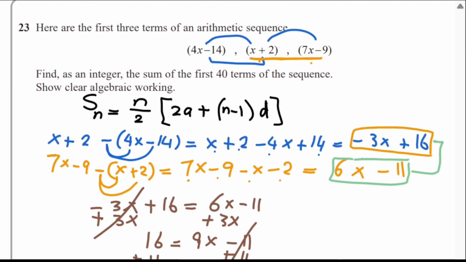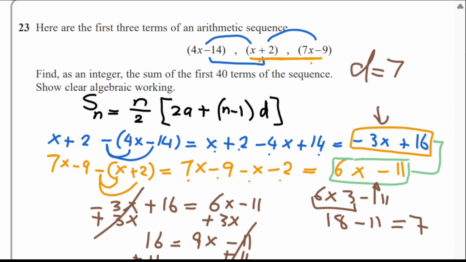Now, once we found x, let's find the first term and let's find the difference. The difference you can just substitute here or here, it's up to you. I'll use this one, looks easier. So 6x is 6 times 3 minus 11. 6 times 3 is 18 minus 11 is 7. So d equals 7.